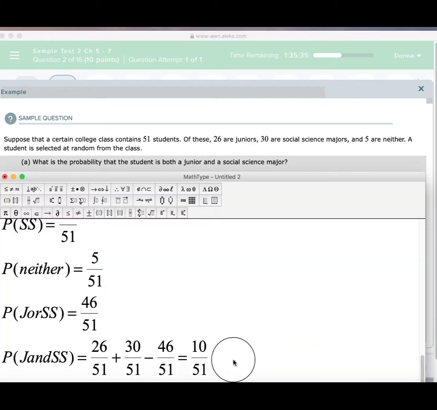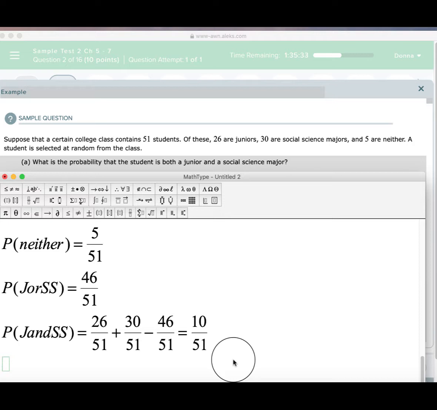So if we're given social science, that vertical line is going to represent our given. And we want to know the probability that they're a junior, so that junior is going to go first. And our formula says that if you want a conditional probability, with the condition that they're already a social science major, what's the probability that they're a junior?